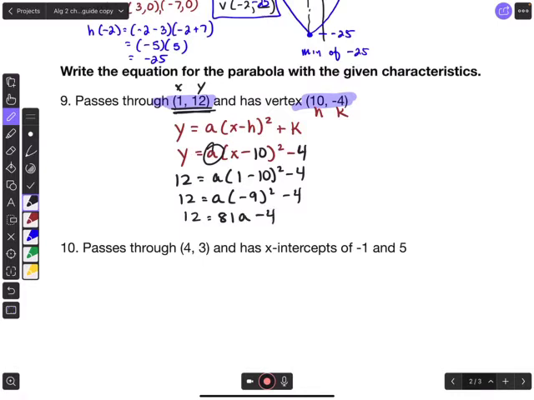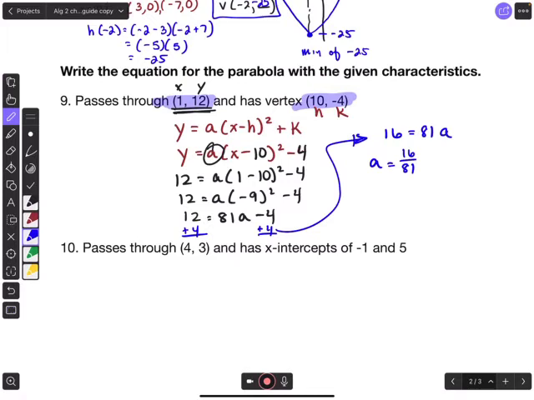Now in this case, we got to take the 4 over first, undo that subtraction. 12 plus 4 is 16 equals 81a. And so a is, divide by 81 on both sides. Let's see here now, what are they both divisible by? 81 and 16 share no common factors other than 1.